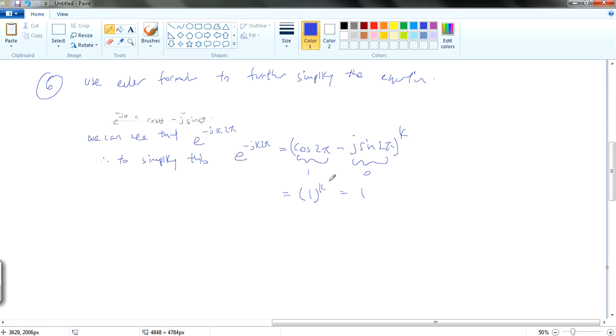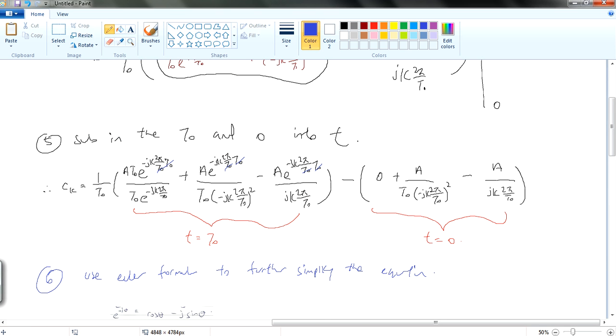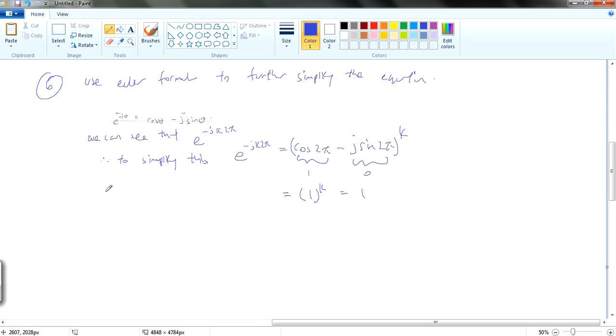Any even or odd number is just 1. Okay? So therefore, let's sub in e minus jk 2 pi equals to 1 into the equation.